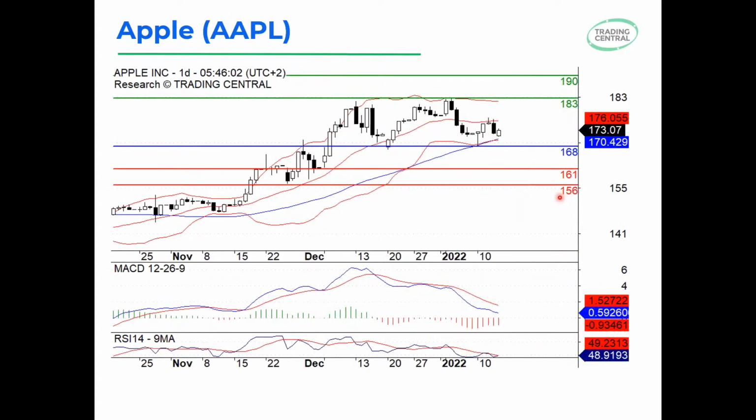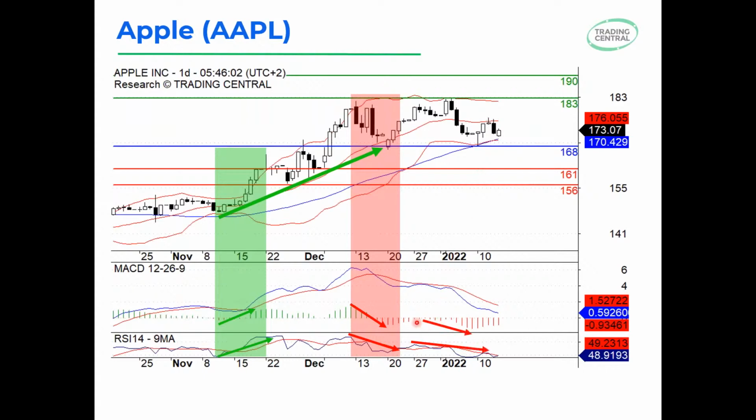How about Apple? Back in November, the stock was good, as you can see. And then at this point there is a first warning that the stock may have stretched a little bit.